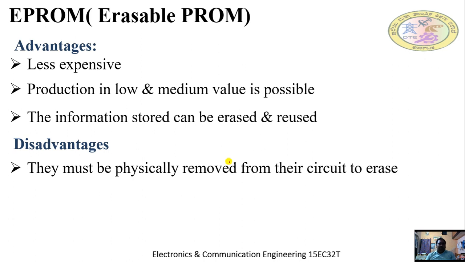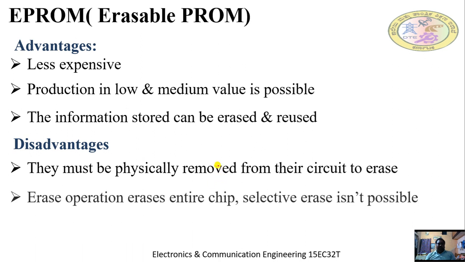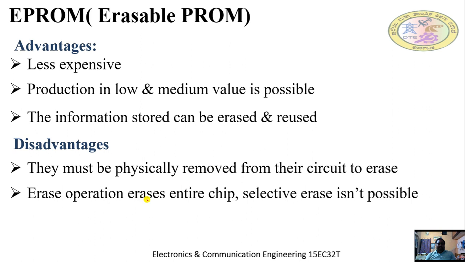As I said, in order to do the erasing operation, one has to physically unmount the EPROMs from their socket, and they have to be exposed to UV light in a separate environment. The erase operation erases the entire chip.